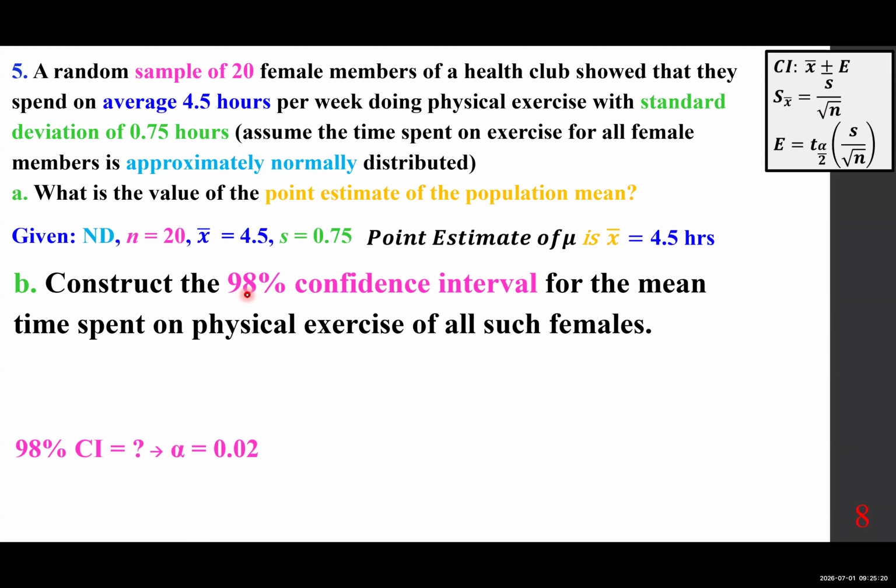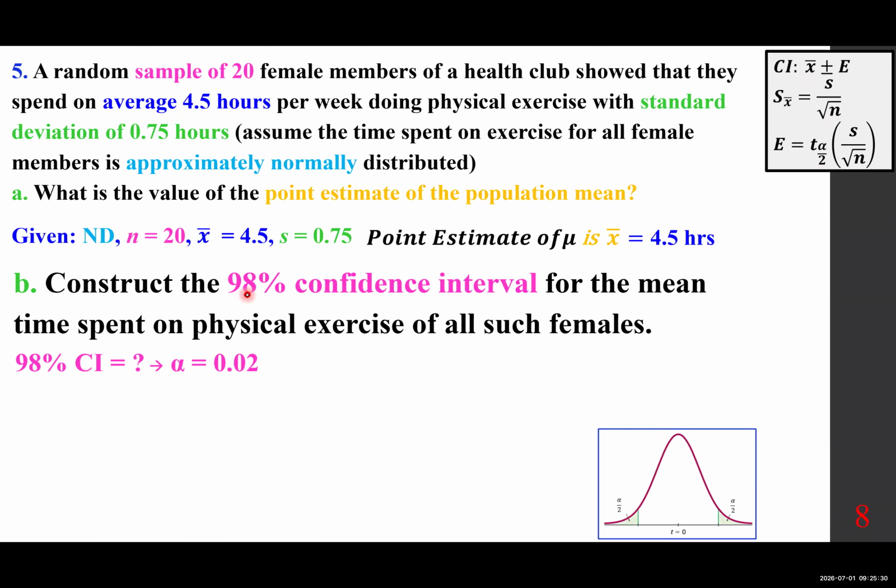So 98% confidence interval, that means the total area in the tail is 2%, 0.02. So in other words, this area is 98%. Okay. So what is in the tail? Each tail is 0.01.